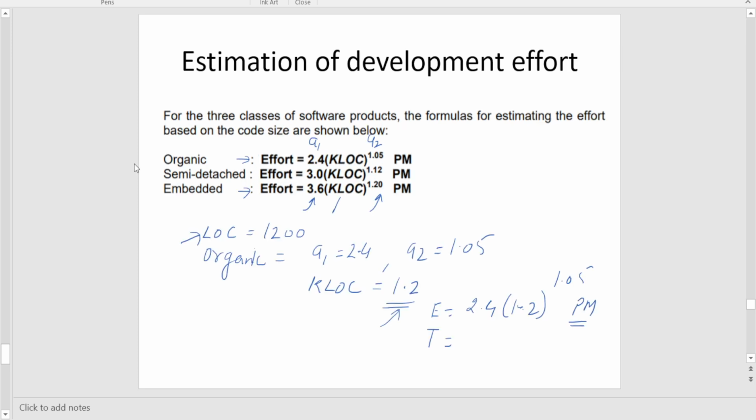So we have 2.5 times X raised to the power 0.38, where X is the effort, giving Y months. So this Y is in months and X is in person months.